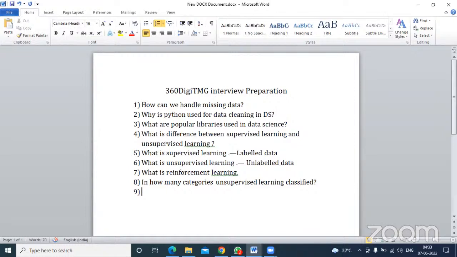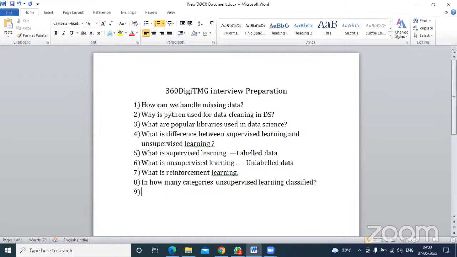Reinforcement learning is a machine learning training method. Yeah, Prashant has given an answer about reinforcement learning, and he's saying it is a machine learning training method based on rewarding desired behaviors and punishing undesired ones.